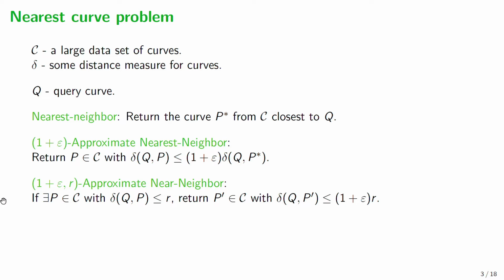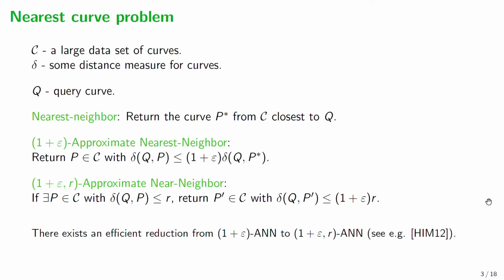The guarantee in this case is that if there exists a curve P in the dataset within distance r of Q, then we return some curve P prime within distance 1 plus epsilon r. And there exists an efficient reduction between the approximation problem and the approximate decision problem, and therefore we can focus on the decision problem.